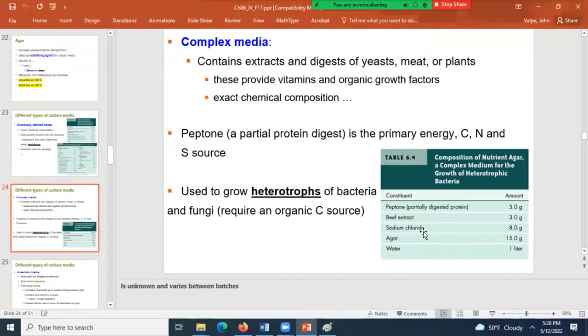And then they add sodium chloride to make the ion correct, and agar to make it solid media, and then just water. And if they're using distilled water, that's it.